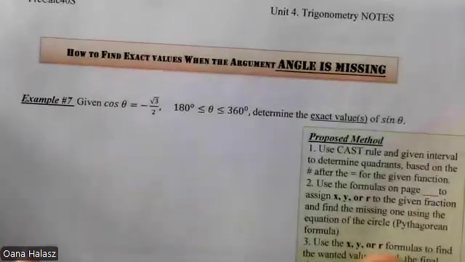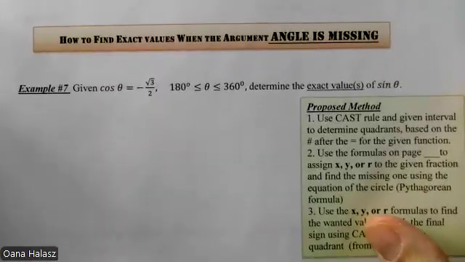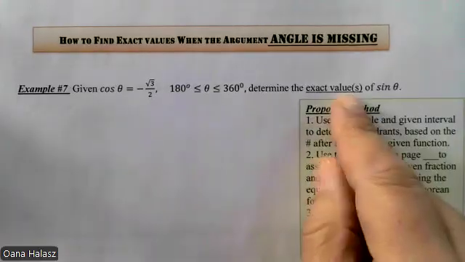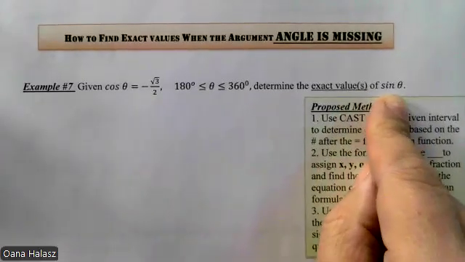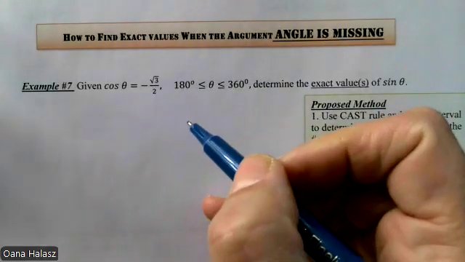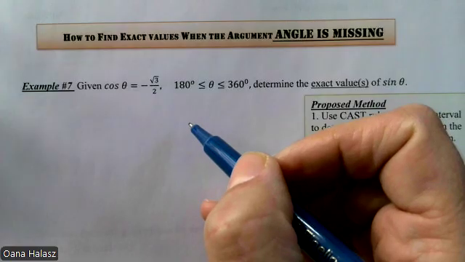So given cosine equals the value negative √3/2, and theta is between 180 and 360, find the exact value of sine of theta. So this one can also be done by knowing your unit circle really well, okay?